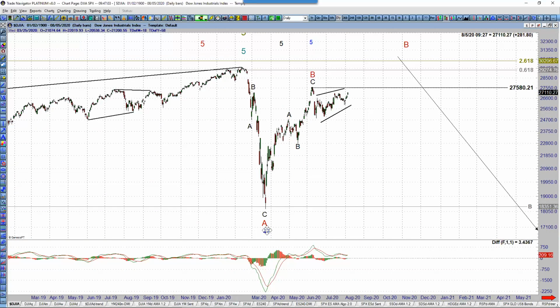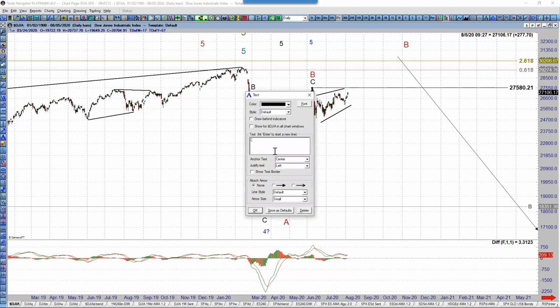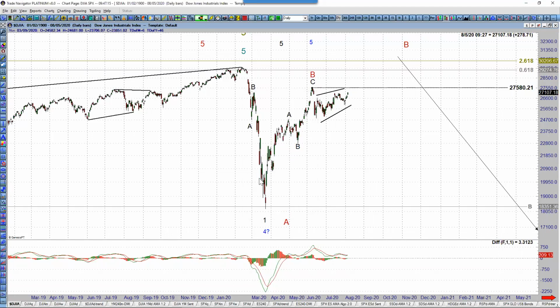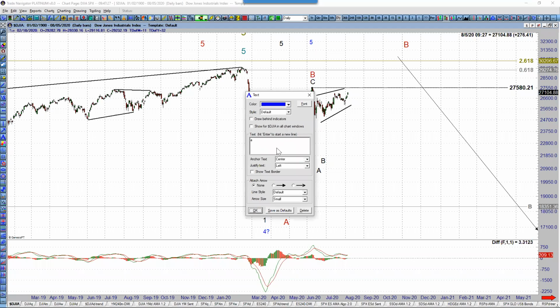So what about the possibility of this being 3 waves down for wave 1? Is it possible to have a wave 1 that is only a 3-wave structure? Any experts in the room?